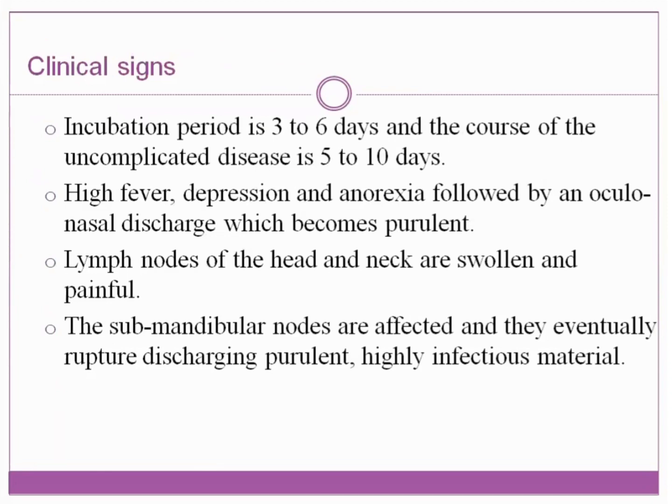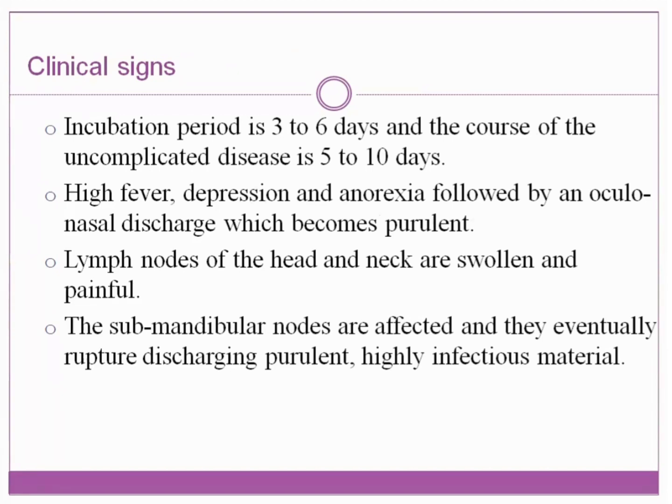Clinical findings of strangles: the incubation period of the disease is 3 to 6 days, and the course of uncomplicated disease is 5 to 10 days. After infection, the clinical symptoms appear in 3 to 6 days, and uncomplicated disease lasts 5 to 10 days. After that, complicated conditions are produced in the horse.